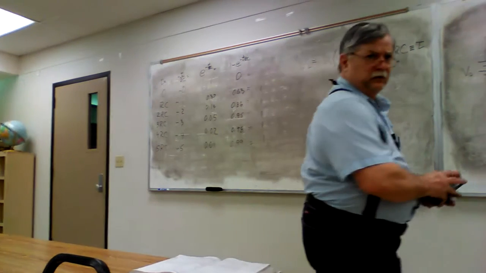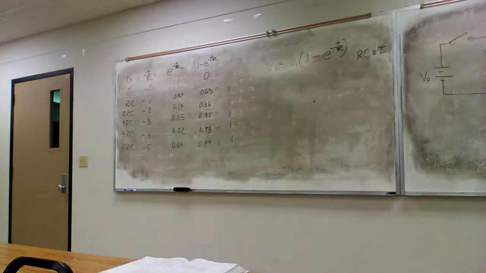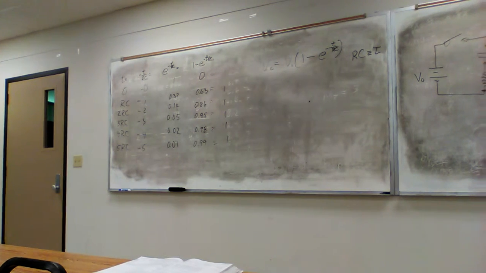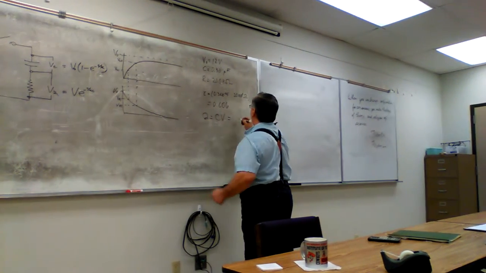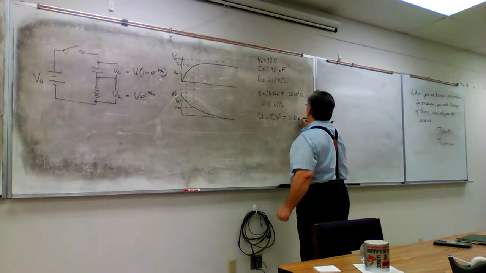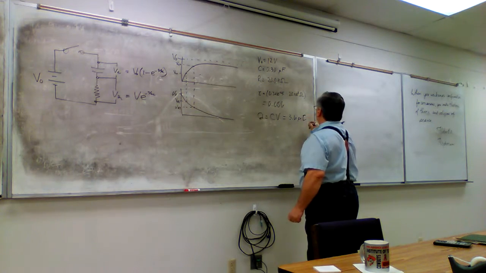Is that to 2 significant digits? It's 4.0. We got 2 significant digits everywhere. 0.3 E minus 6 times 12 volts. Yeah, that would be, to 2 digits, 3.6. Yeah.